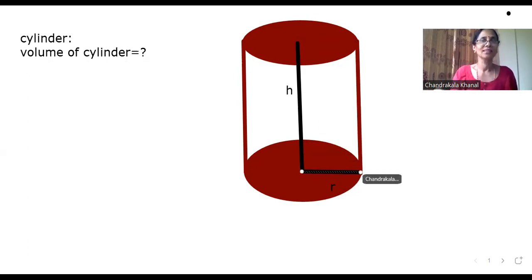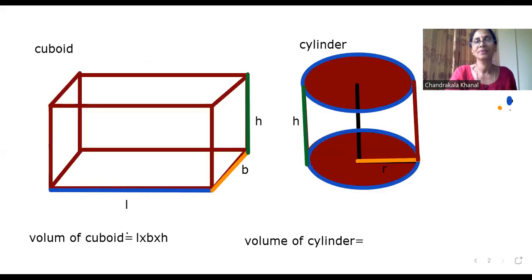Okay. Now today I am going to find the volume of cylinder, comparing the figure with the volume of cuboid.